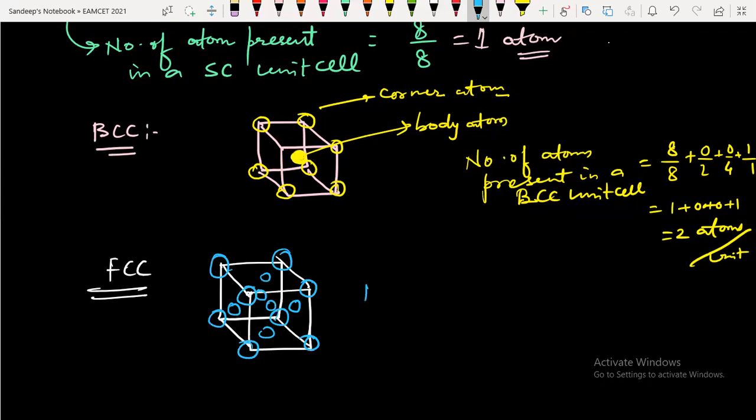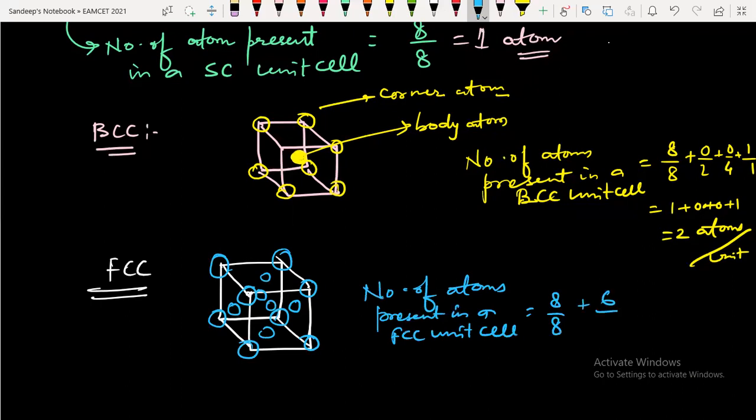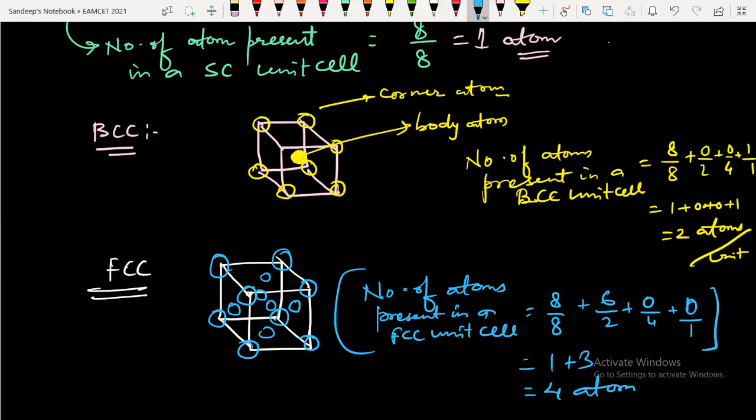So the number of atoms present in an FCC unit cell is equal to 8/8, because atoms are present at all 8 corners. Face is 6/2. There are no atoms at edges, 0/4, and no atoms at body, 0/1. So this way it comes to 1 plus 3. So there are 4 atoms per unit cell.